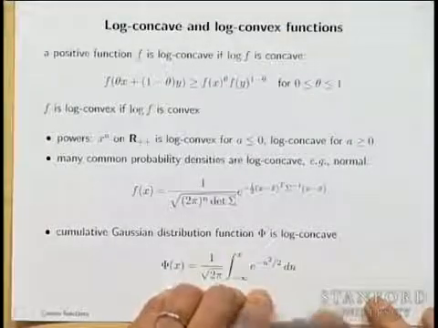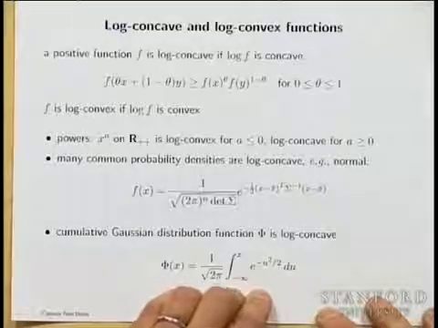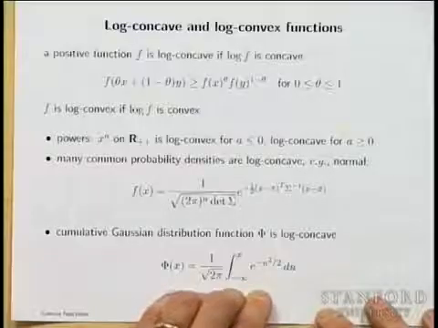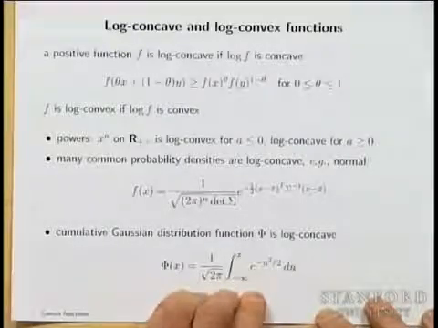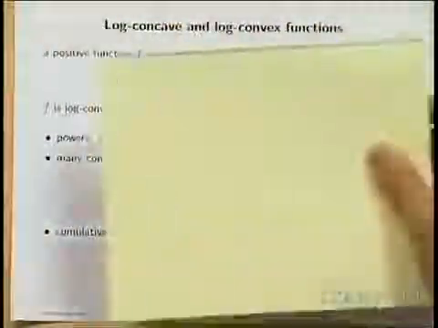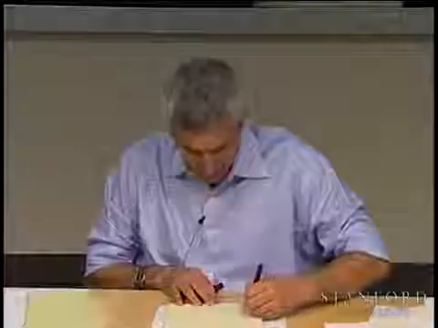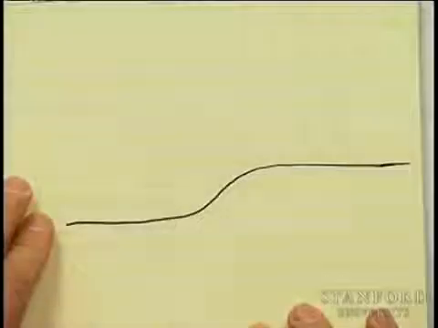Sorry, let's move on. So the log of a cumulative distribution, and I suppose the log of a Q function, is log concave. And this is not so obvious. The cumulative distribution of a Gaussian looks like this: it goes like that and then goes up like that. It's obviously not concave.